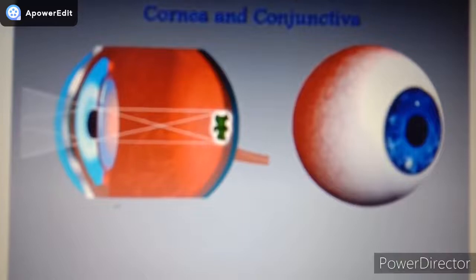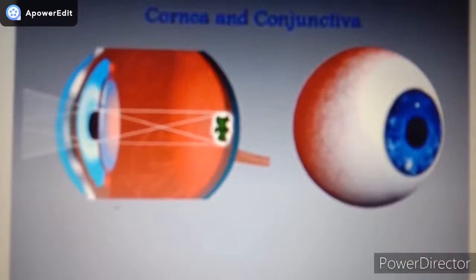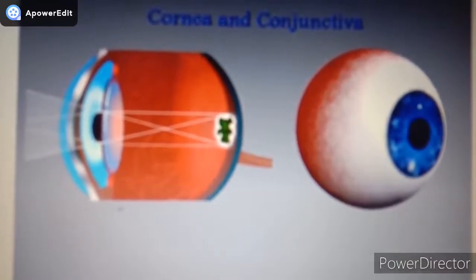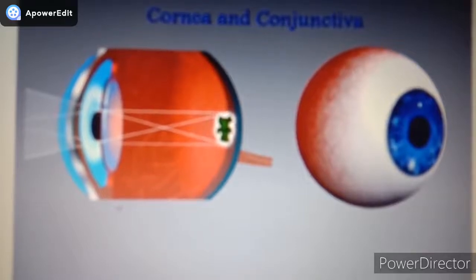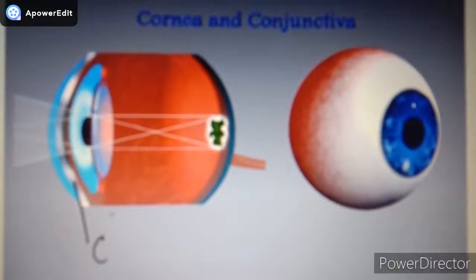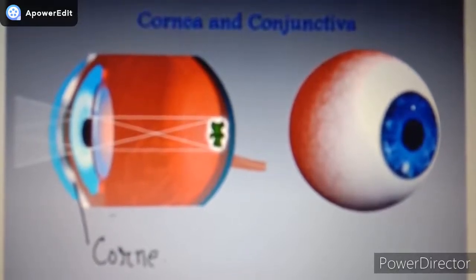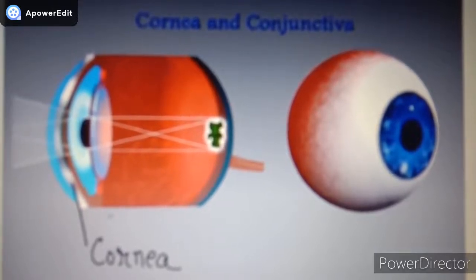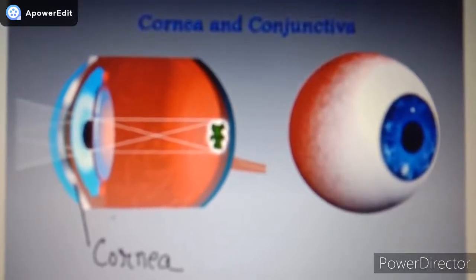Now next is the continuation of the sclera in the front of the eye, known as the cornea. So this is the cornea of the eye. Here you can see in the diagram, and it is the extension of the sclera.